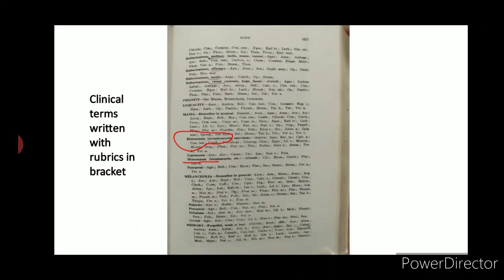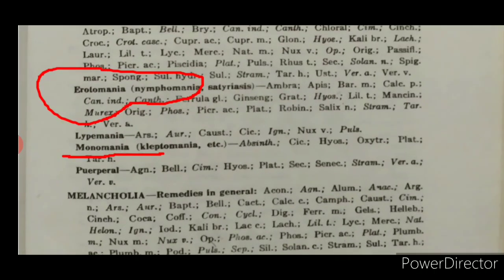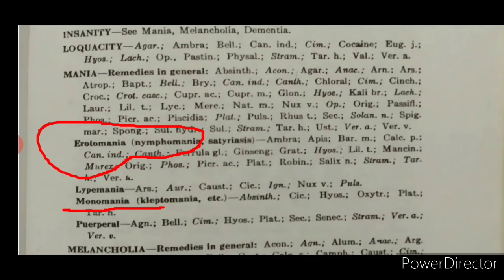Going further, there are certain clinical terms which are given in brackets with the main rubric. Here you can see the rubric erotomania in the main rubric of mania, where in brackets there is a clinical term written like nymphomania or satyriasis.